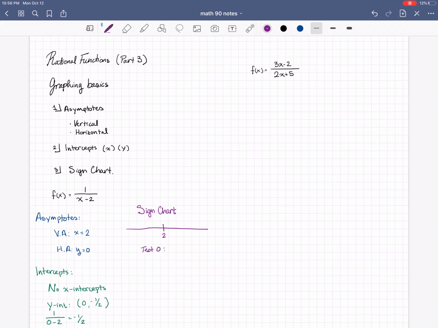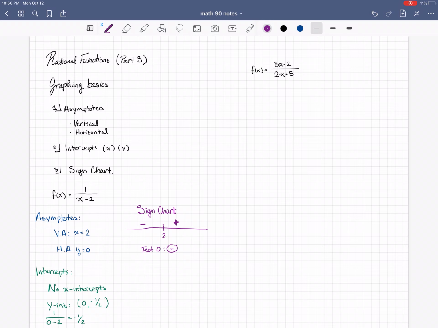Useful to test 0 because we've already plugged it in. So I already know that at 0 this expression is negative. So try as much as you can to reuse information that you found in previous steps. So that means that we are negative to the left of 2, and since there are no non-negative factors, we are positive to the right of 2.